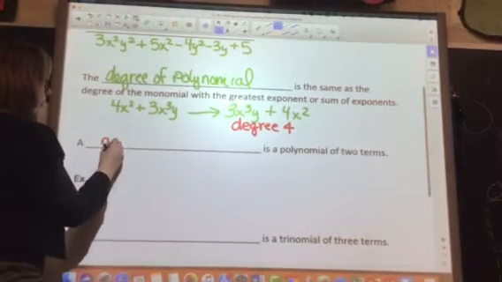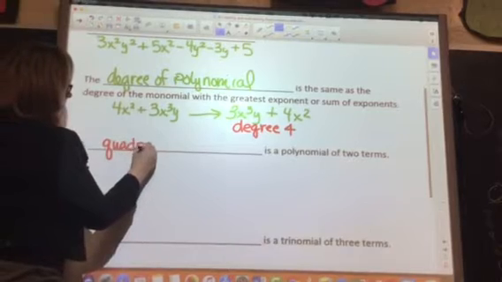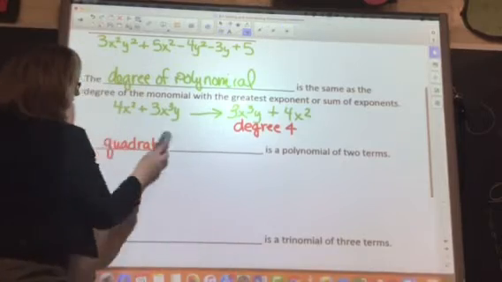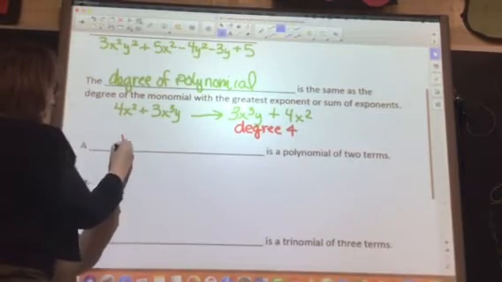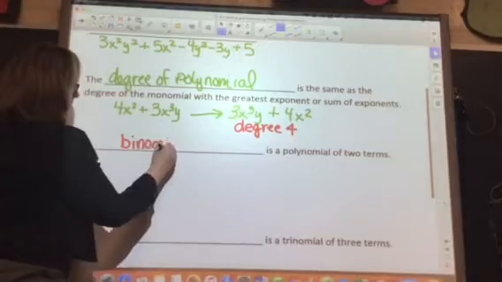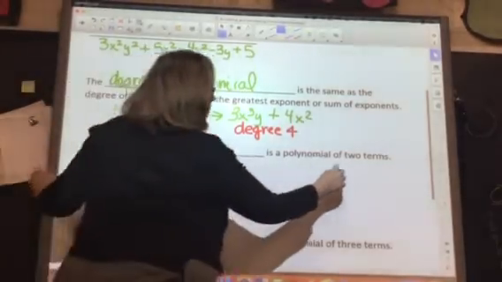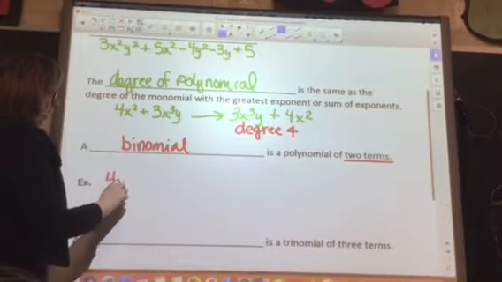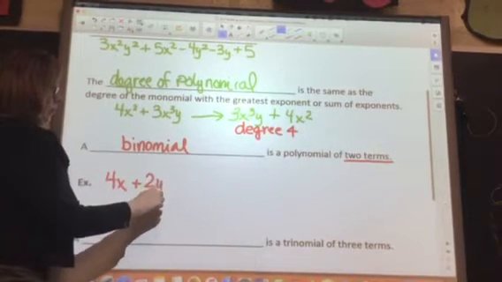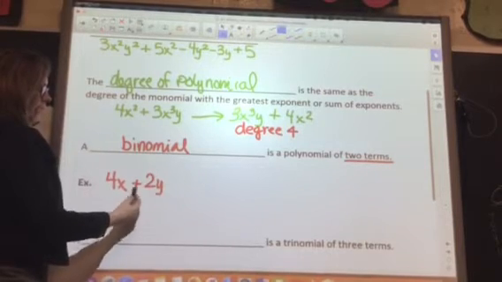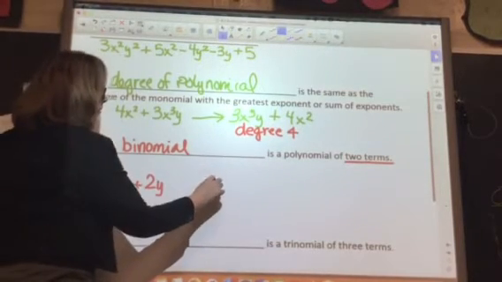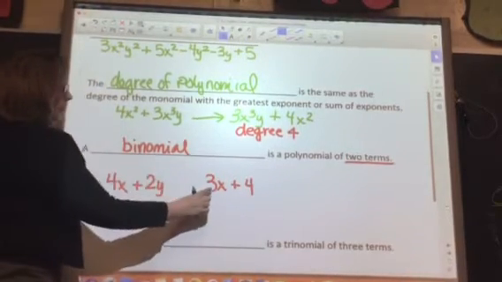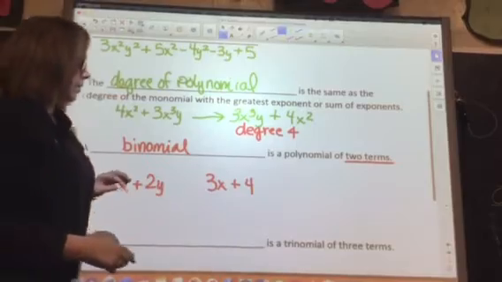A binomial is a polynomial with 2 terms. Bi, like a bicycle. An example would be 4x plus 2y. This is a binomial. It has 2 terms. Another example, 3x plus 4. This is a binomial. It's a polynomial with 2 terms.